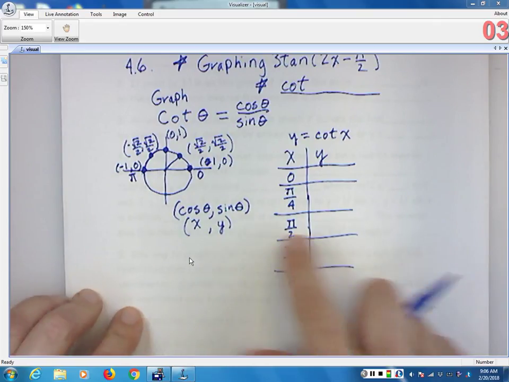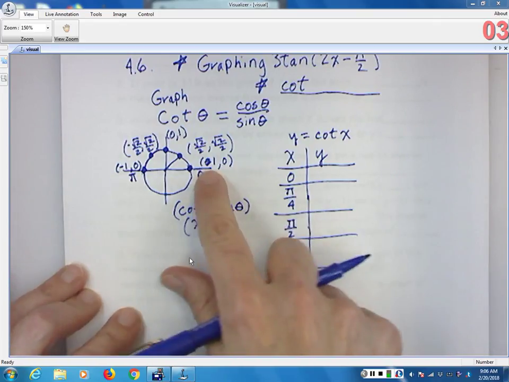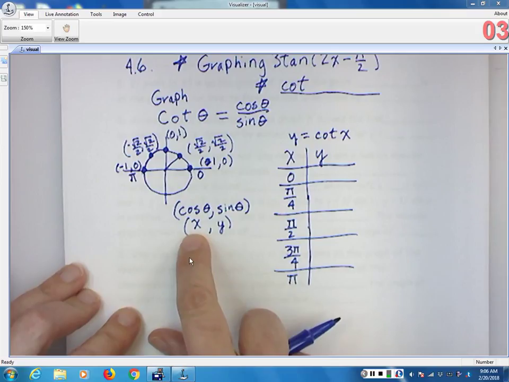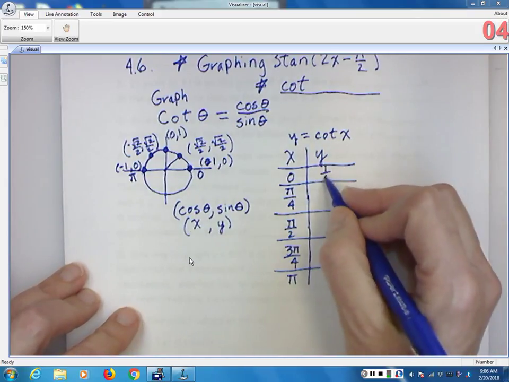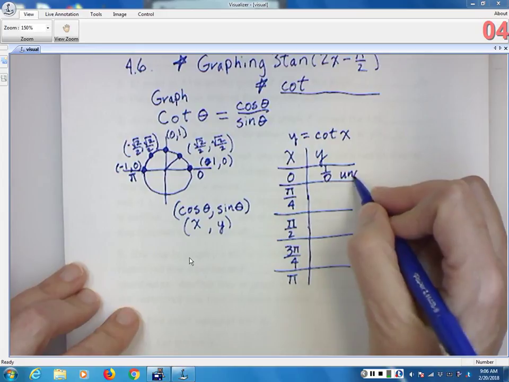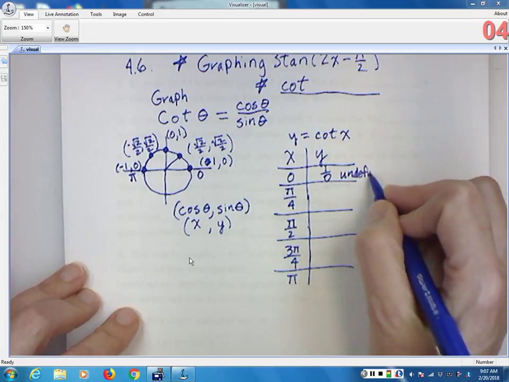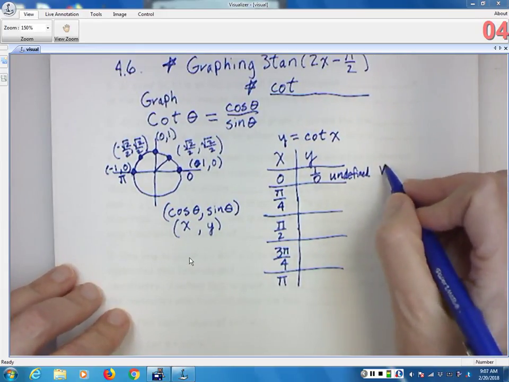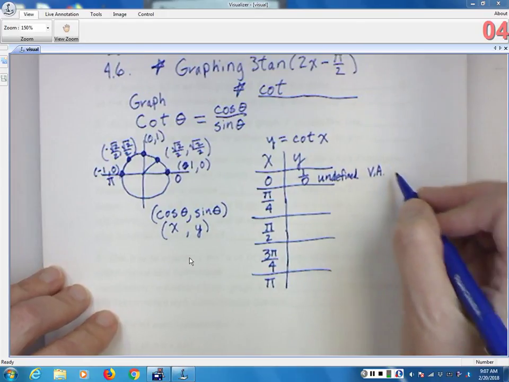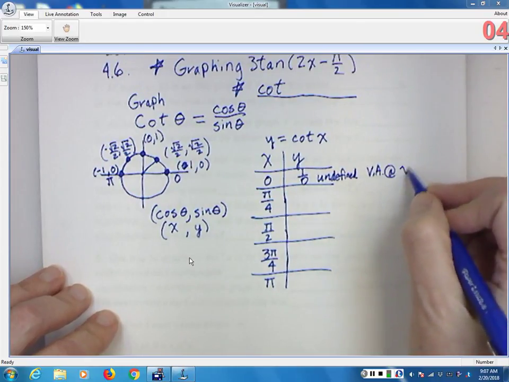So at 0, you put x over y, so 1 over 0. That's undefined. So at 0 we have a vertical asymptote at x equals 0.